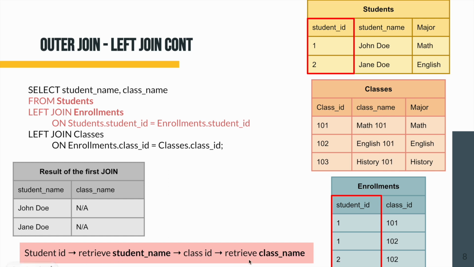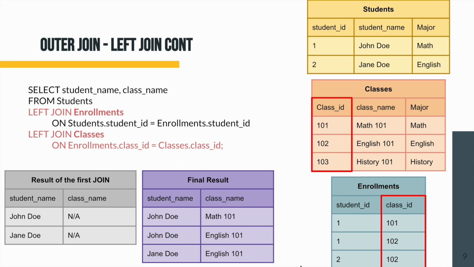This pink thing is how I like to see it. Just follow the student ID: match the student ID, retrieve the student name, then match the class ID to retrieve the class name. That's how I would go about it.